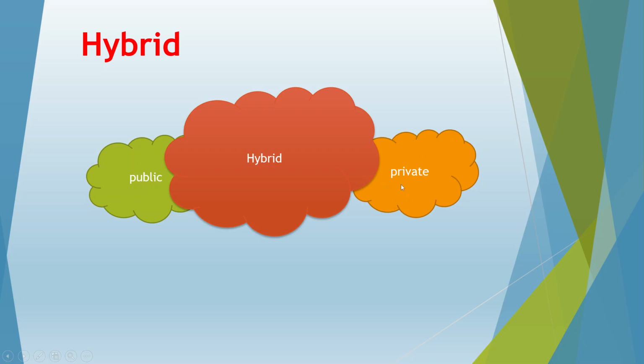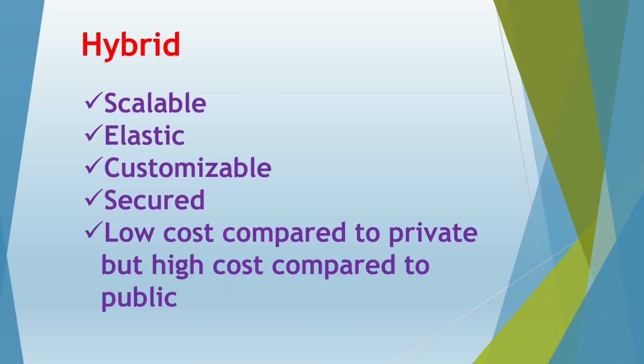All those security implementations you can do in the private cloud, and your application you can deploy on the public cloud so that it will be more elastic, more scalable and more available. That way you will be forming the hybrid cloud deployment model.